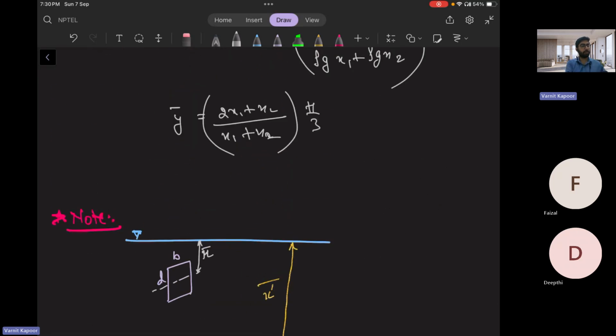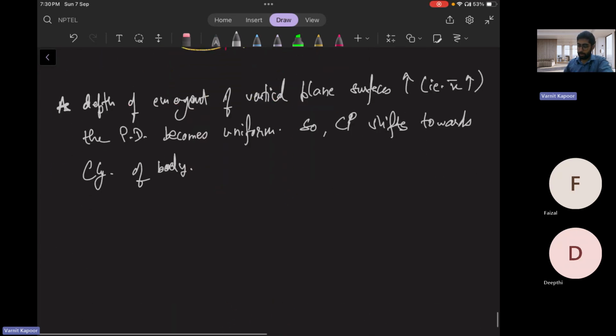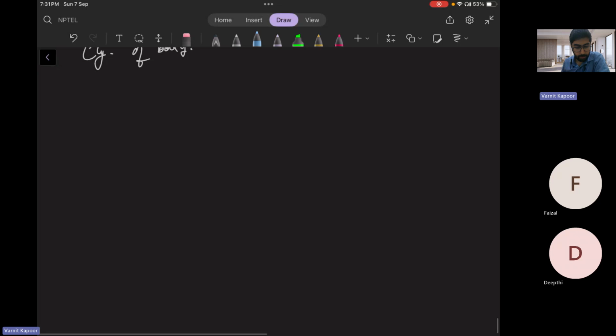Now let's come to the curved surfaces. Very important, curved surfaces. Hydrostatic forces on curved surfaces.